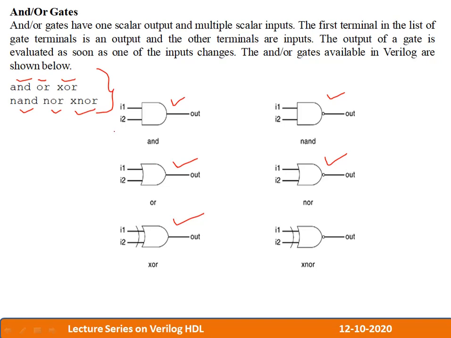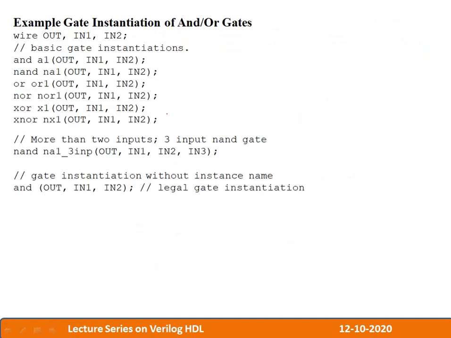I need to mention how many inputs there are and how many outputs there are. Here in this slide, all of these are two-input gates, meaning there are two inputs and one output. I can have multiple inputs and a single output, or I can club them together to obtain multiple inputs and multiple outputs. How we are going to instantiate these six gates, we'll see in the next slide.